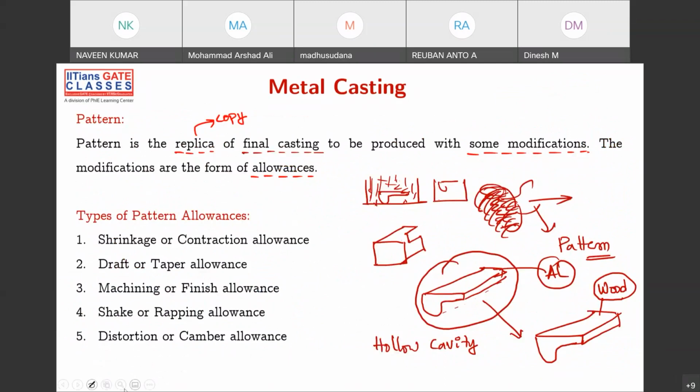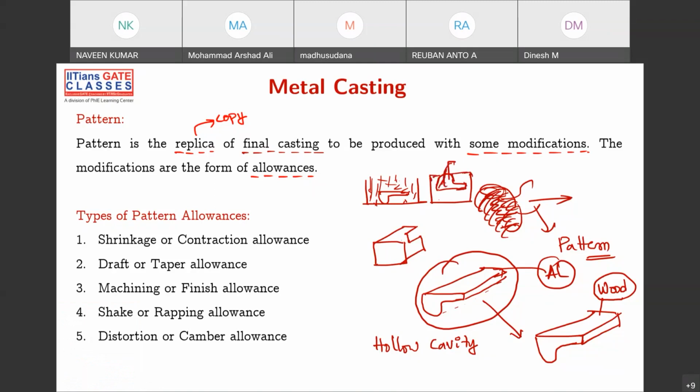Let me draw that clearly. Invert it like this, and you remove it, and you get a hollow section like this.